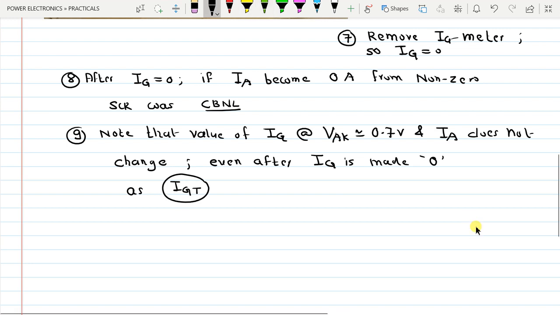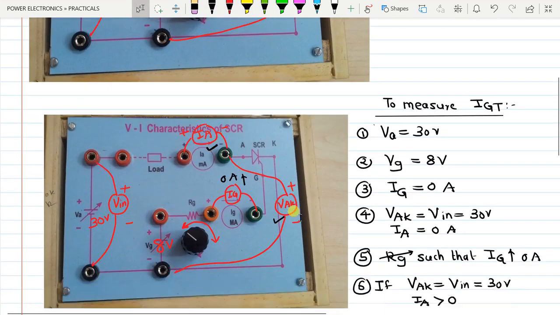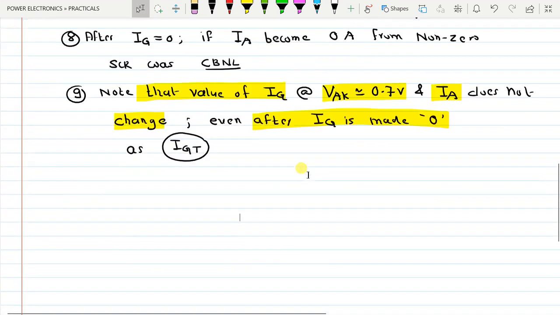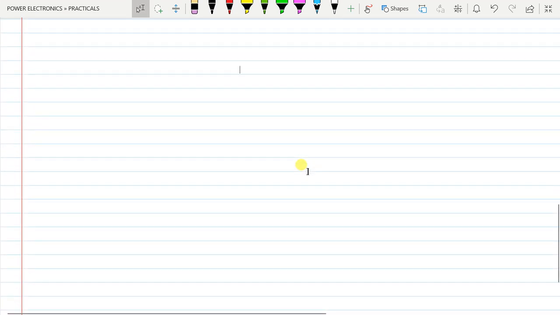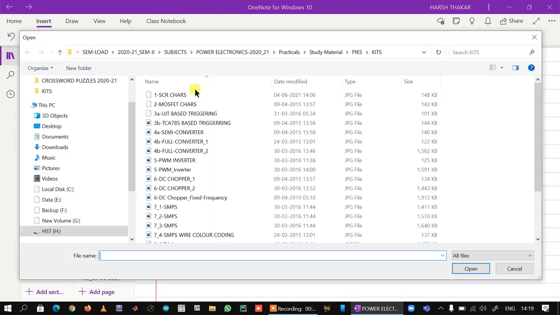Okay, so that value of IG at which VAK is equal to 0.7 and IA does not change even after IG is made 0 is IGT. Okay. So now second, to measure IL, again we put the kit photo.